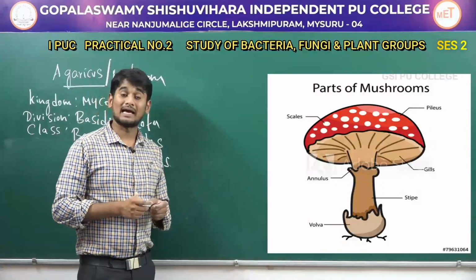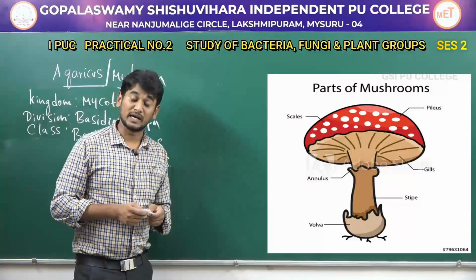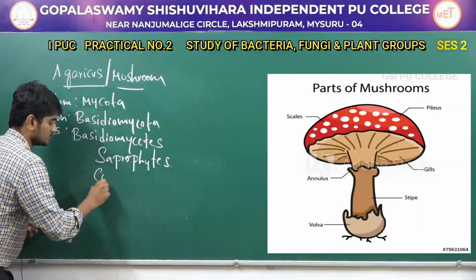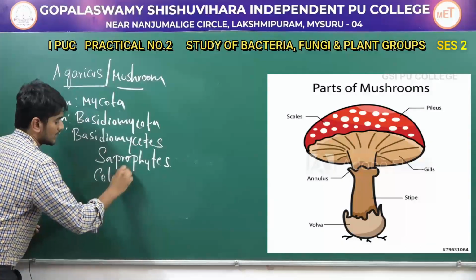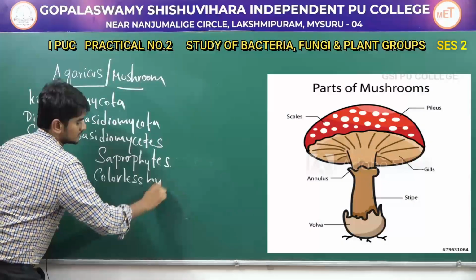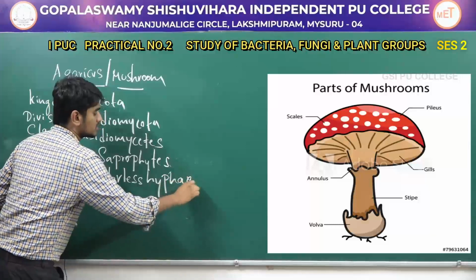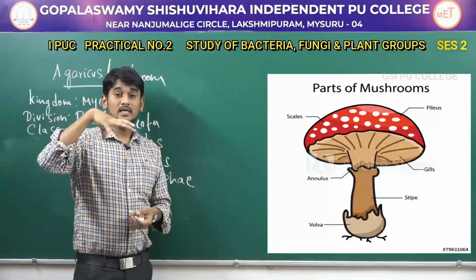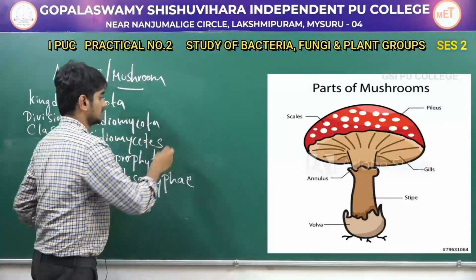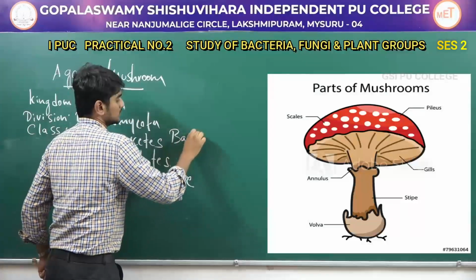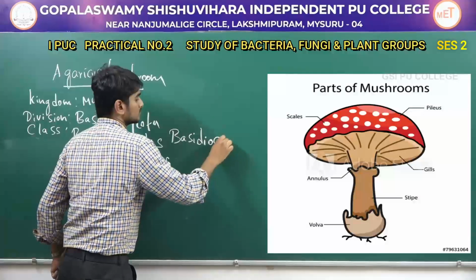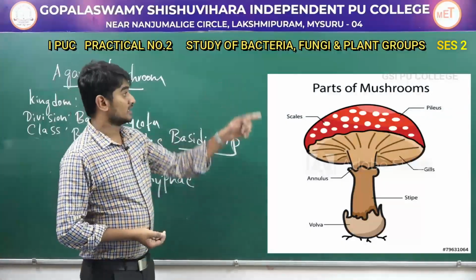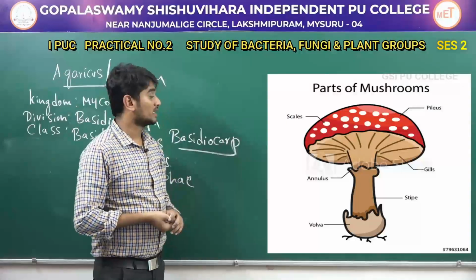So mushroom or Agaricus is a saprophytic fungus and it shows colorless hyphae, and produces the fruiting body that is called basidiocarp. See, this is the fruiting body, called basidiocarp.